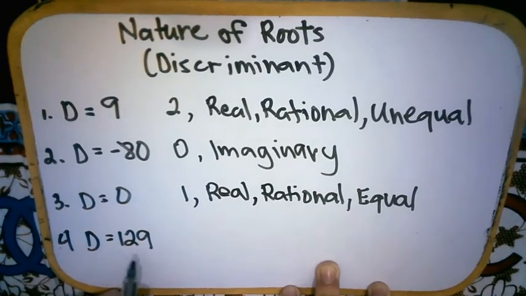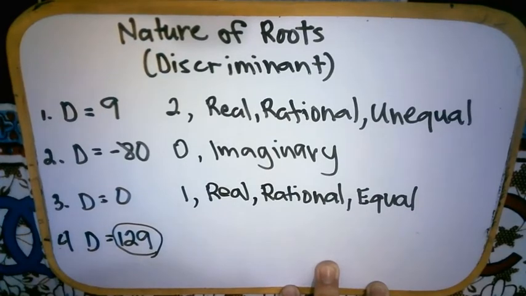Next one is 129. So ang 129 ay positive. Kapag positive ang number, automatic dalawa ang real roots agad niyan. So be it perfect square or not perfect square, basta positive ang discriminant, dalawa ang real roots. Ang aalamin lang natin ngayon ay kung perfect square ba siya or hindi.